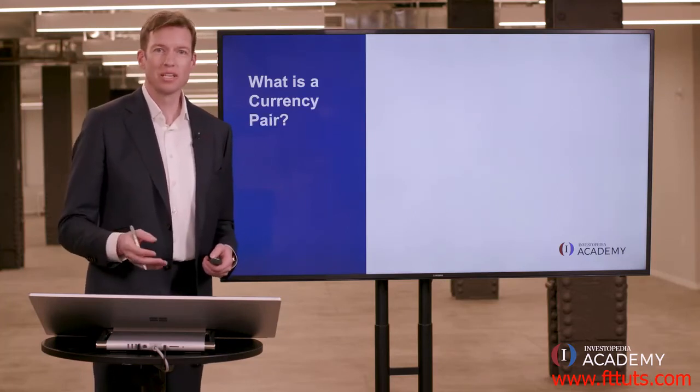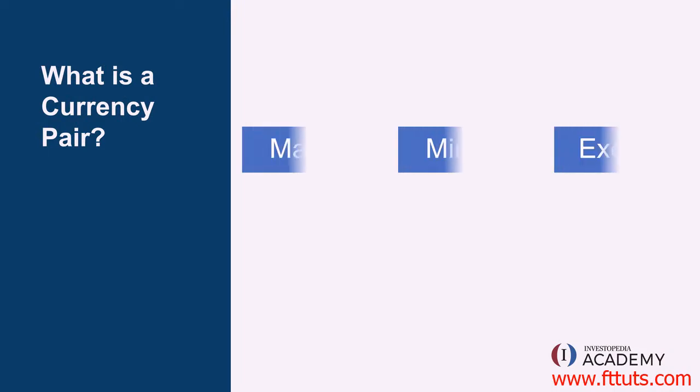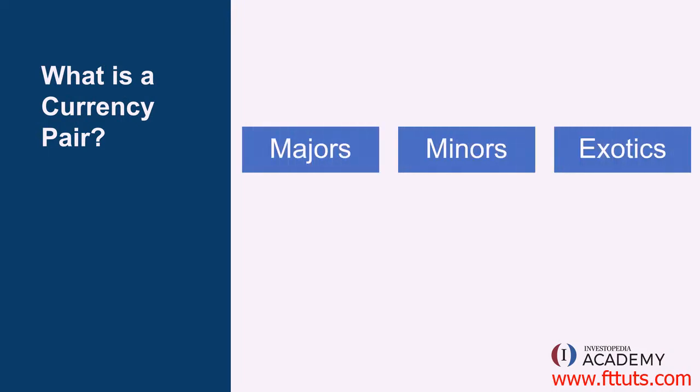Now let's cover some of the ways that we classify currencies. As I mentioned before, they do tend to fall into three major categories: majors, minors, and exotics. The majors would generally consist of currencies that are crossed with the dollar. Most transactions do involve the dollar at some point, so it would include things like the euro, the pound, the franc, and so forth.